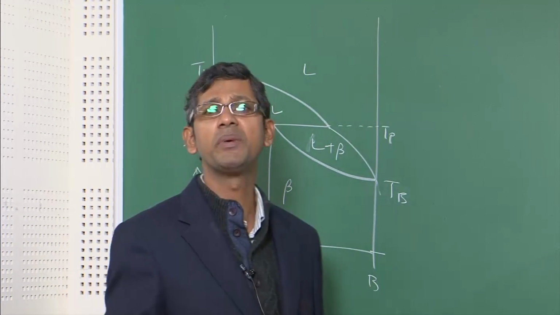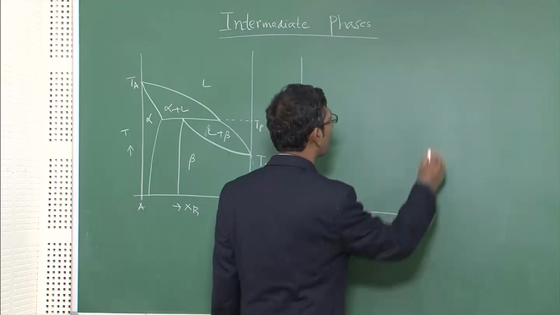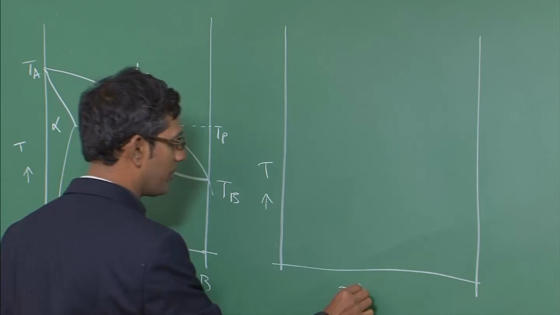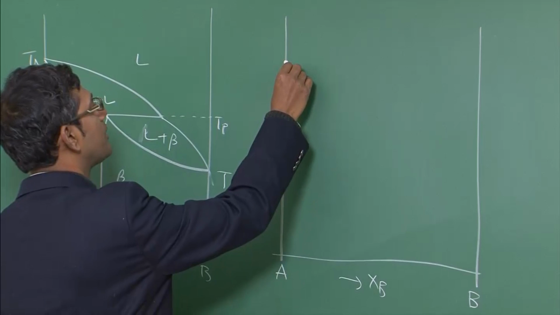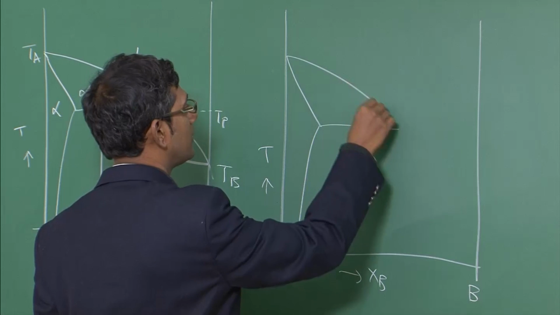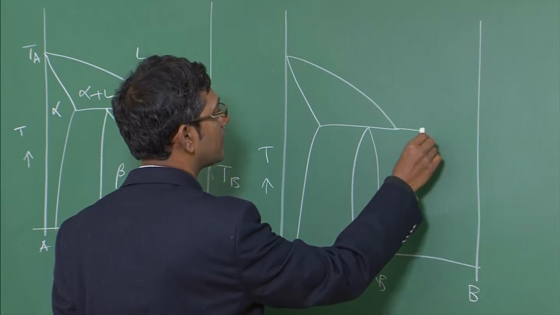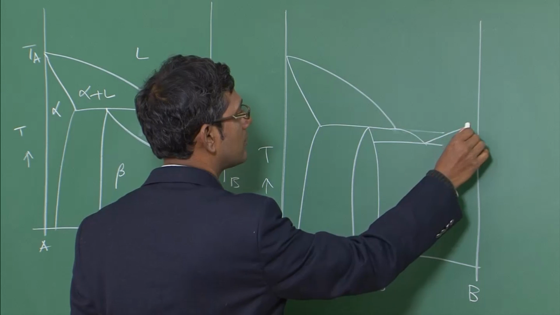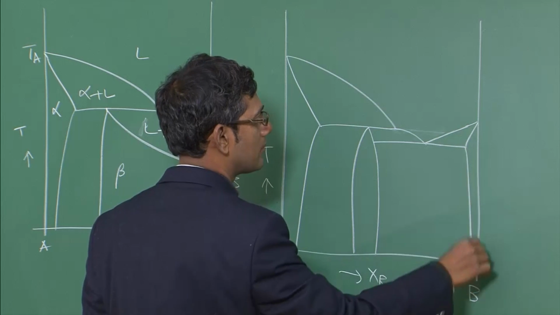But I told you that most of the peritectic reactions are followed by a eutectic reaction. And this is where the intermediate phases form. So, let me again draw a modification of this diagram, a little different from this. So, first it remains the same, then you have this, and there is a separate one, okay.